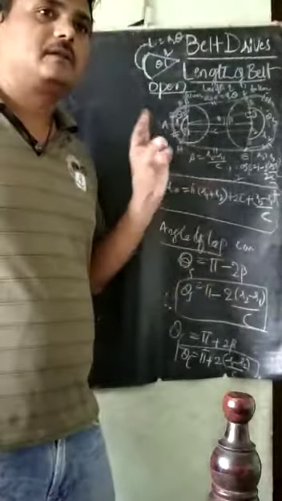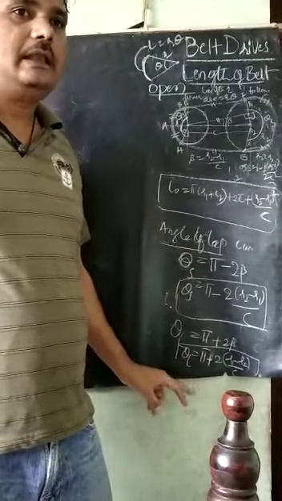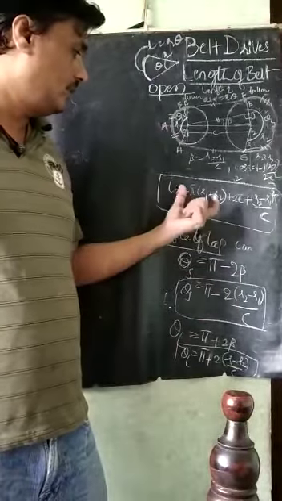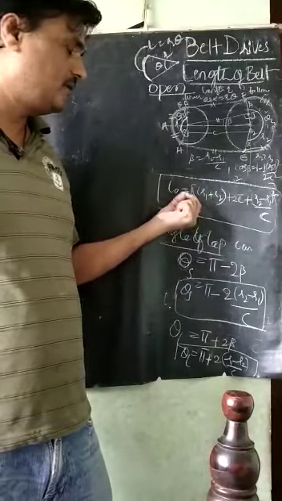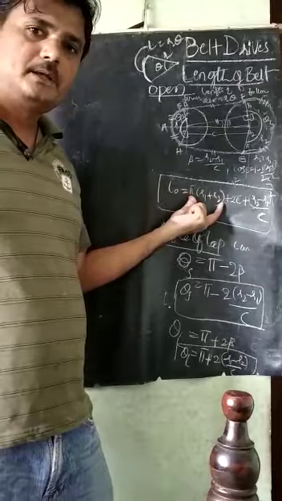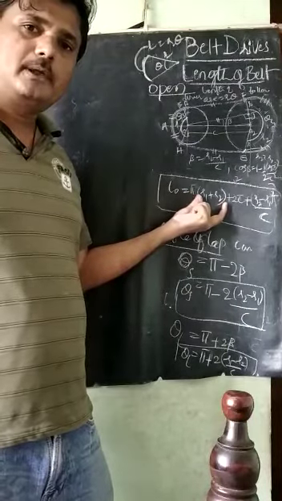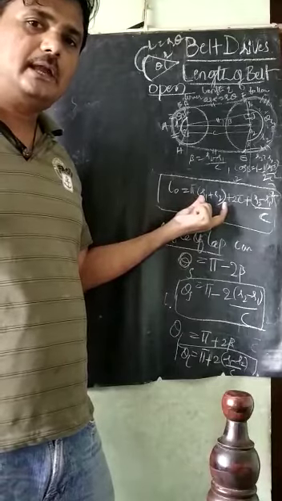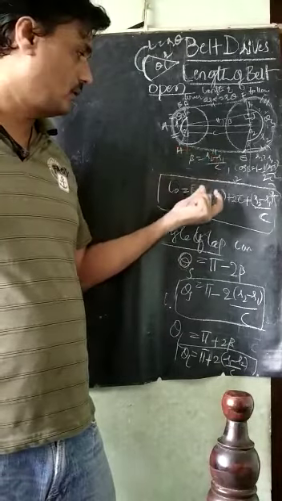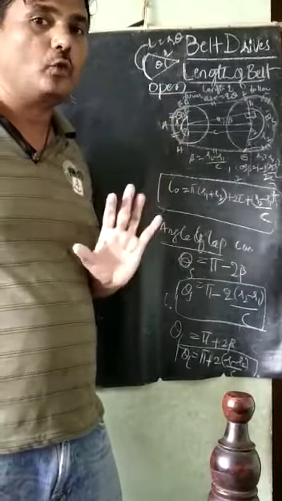One is the length of the belt and the other is the angle of lap. In the length of the belt, see the term pi into (R1 plus R2), the addition of the two radii of the driver and follower. This term will be the same for the crossed belt drive also.